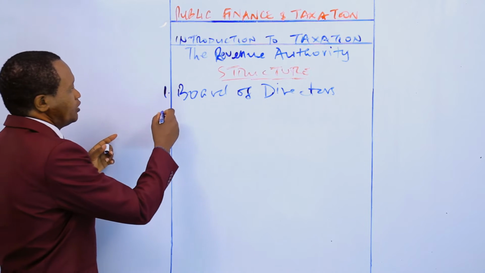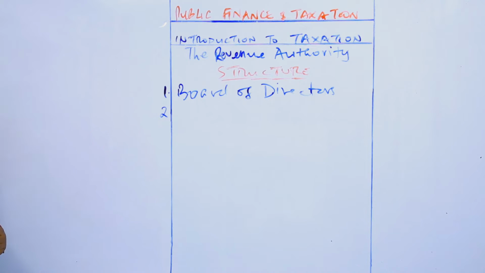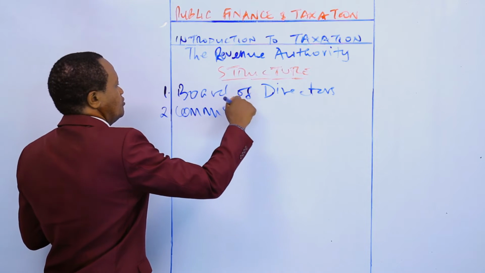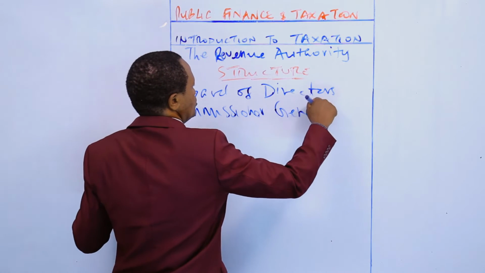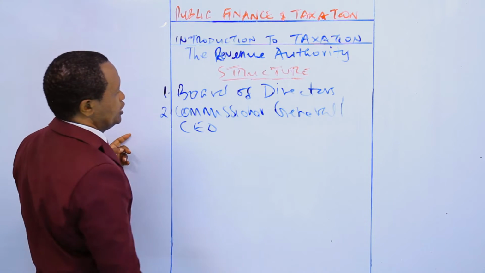Then after the board of directors, we have the Commissioner General, who is the CEO of the authority.